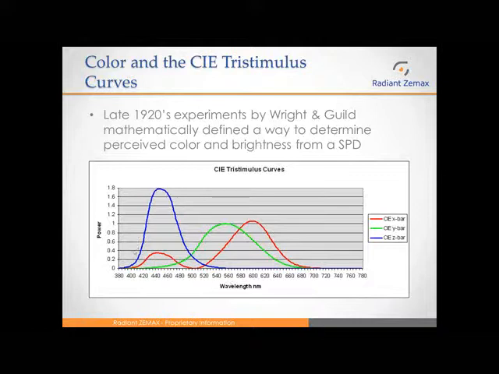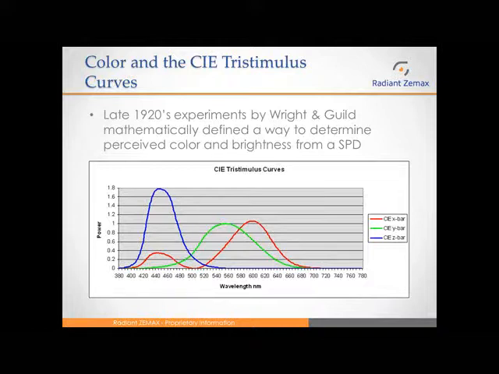There are three of them, and using these, we can define what we call chromaticity. As opposed to a spectral power distribution, chromaticity does not have wavelength information. It has some format, some type of color coordinates that are used to define the color of a light.